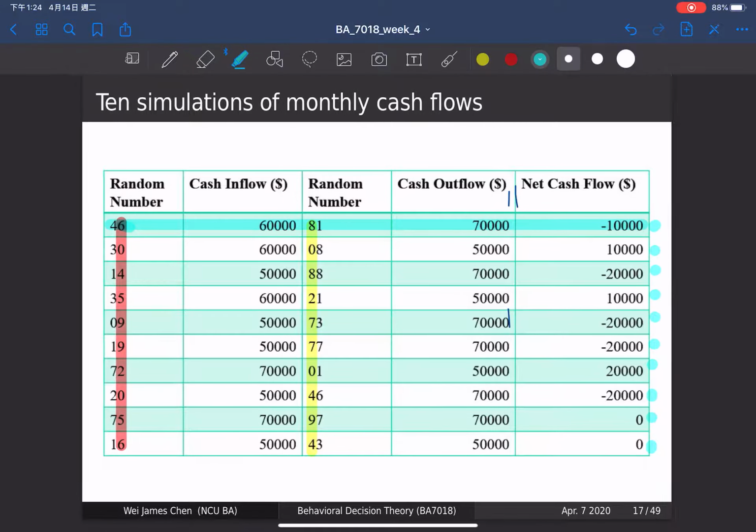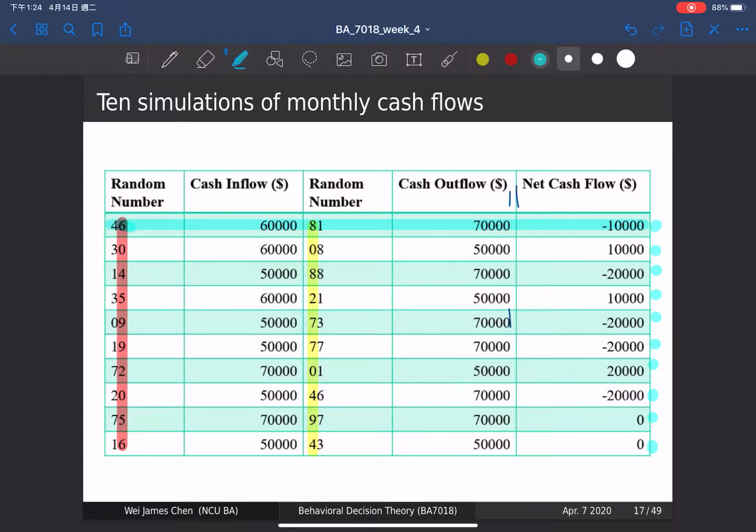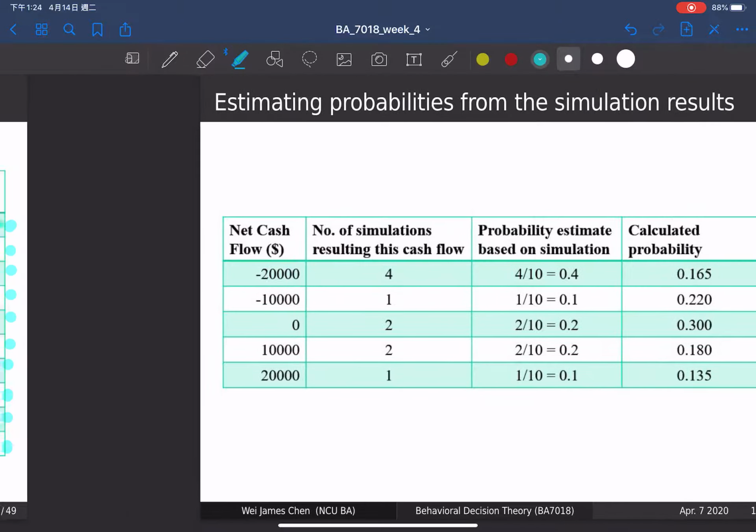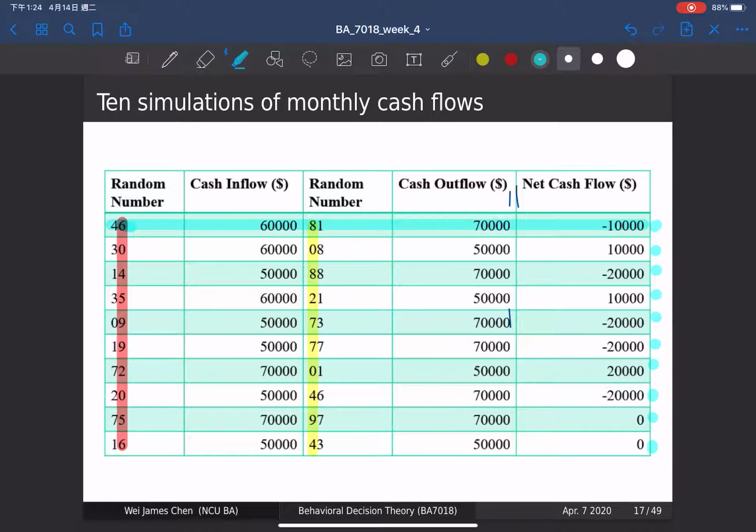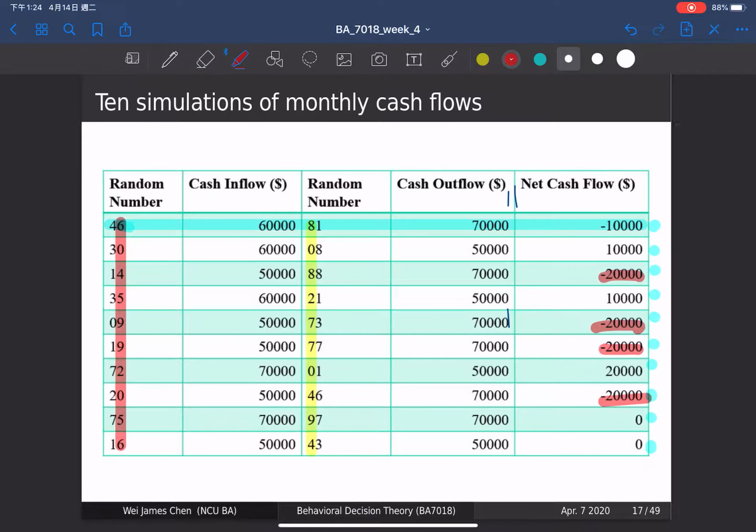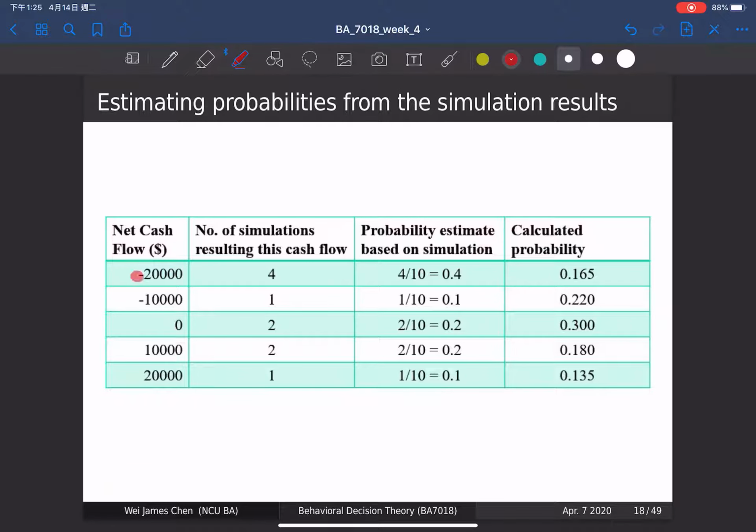And so here you notice that for minus 20k, you have these 4 events. You all get minus 20k, right? So for minus 20k, there are 4 times you get that net cash flow, and you run a total of 10 times, right?